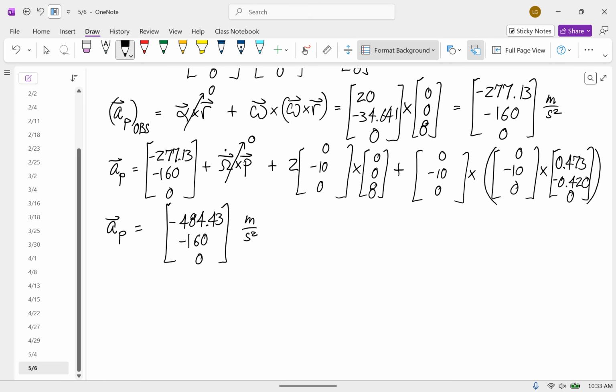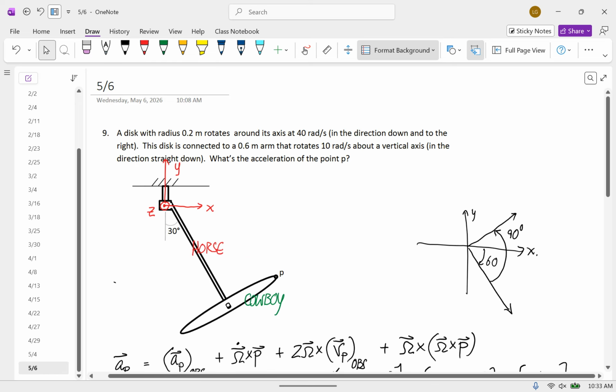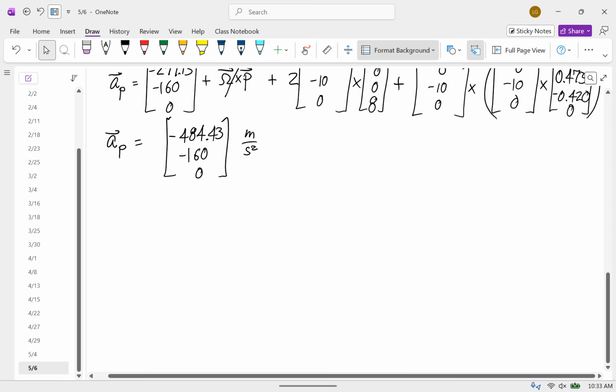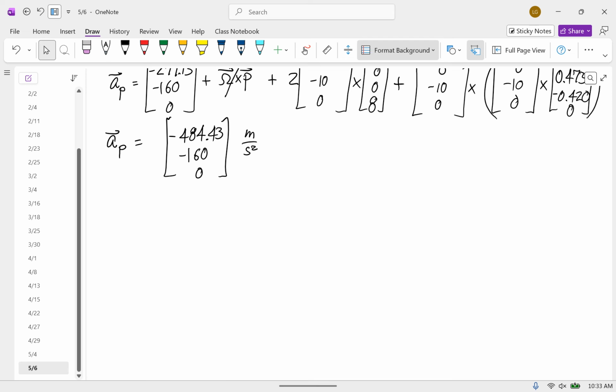Any other questions? Okay. And that's all. We just want the acceleration. Okay, I want to do an example that I think for a lot of people is something you've always kind of wondered about.